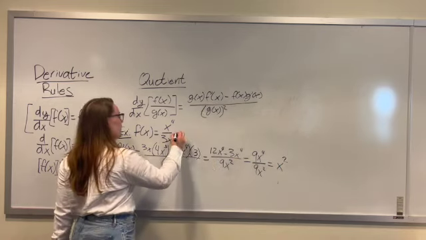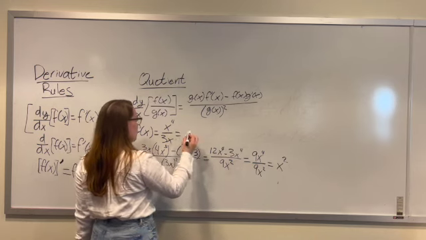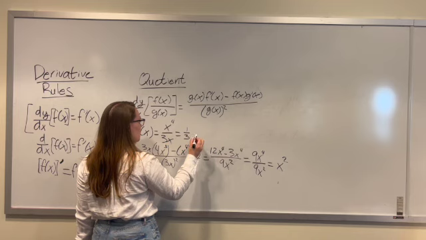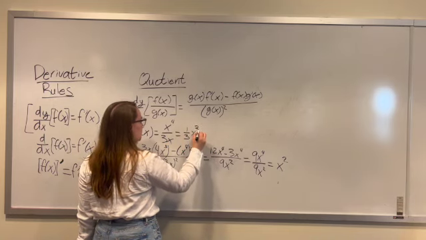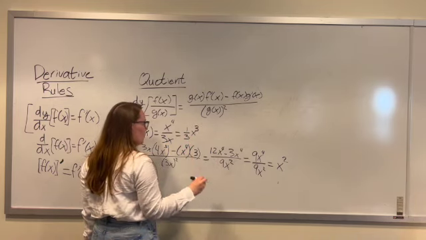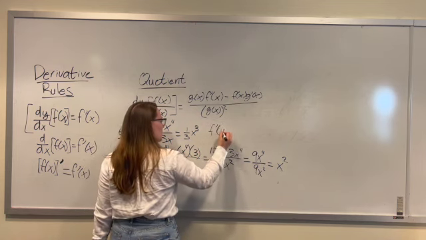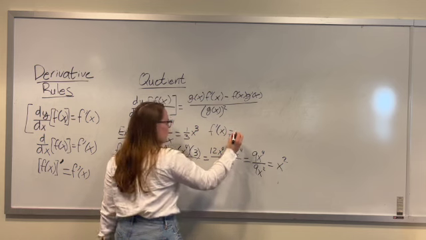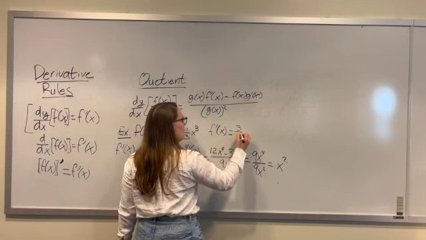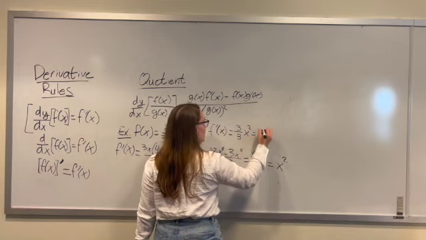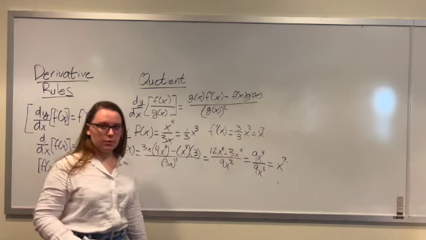So if we simplify this, we get 1/3 x to the third. And then when we apply the power rule, f prime of x is then 3 over 3x squared, which is equal to x squared. We have the same answer both ways.